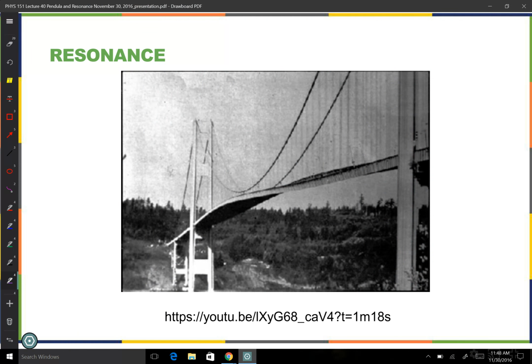Back to the lecture. What was going on here was that you have, to the best of our understanding, the vertical wires are pretty much, if you look at them, similar to the strings on a guitar or a harp. You have wires of different lengths, and when air blows on them, you have vortices that form.